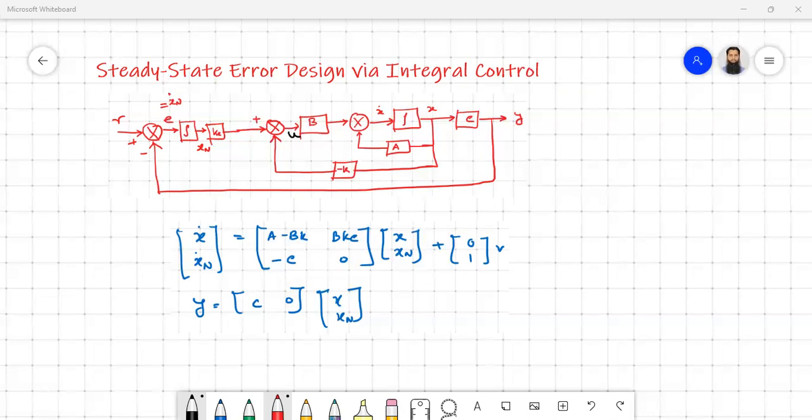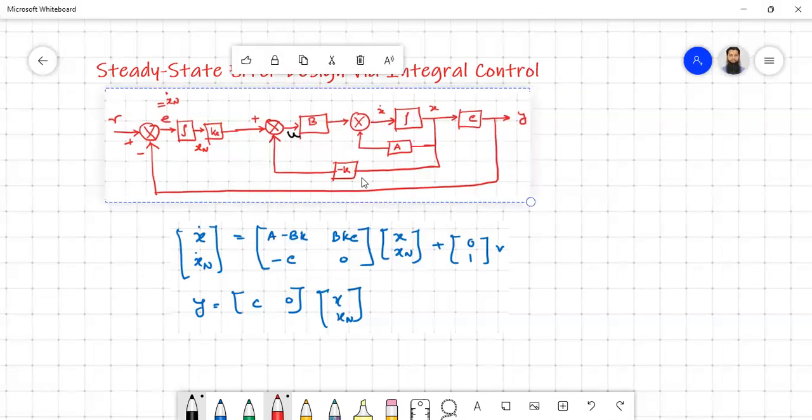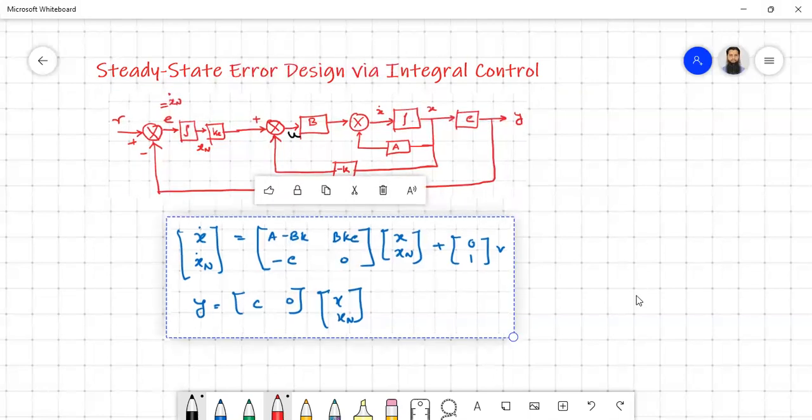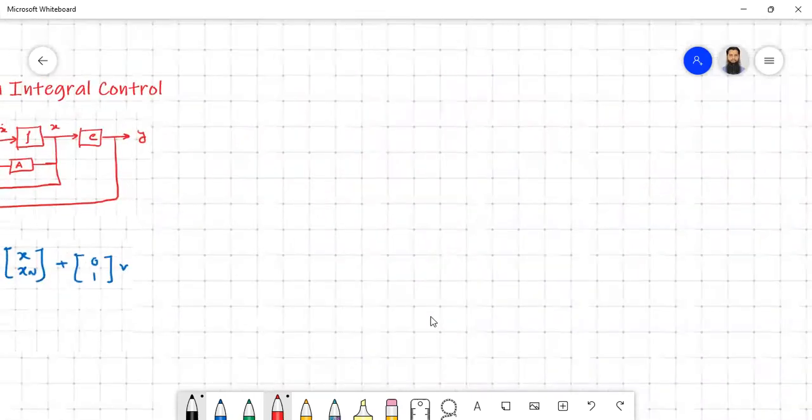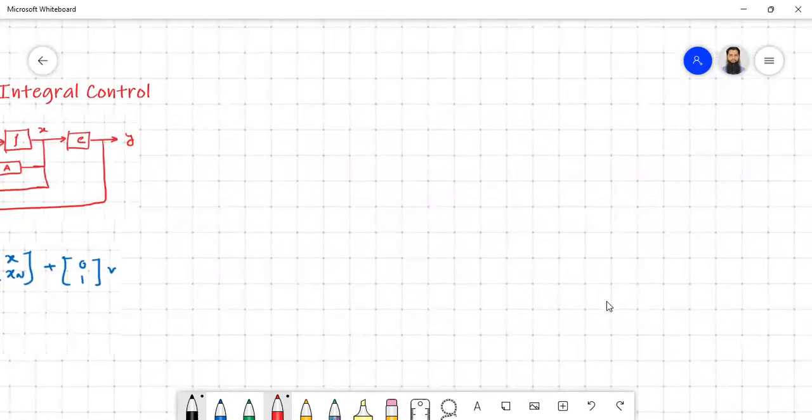So now today we are going to see how we are going to do the actual designing. For that, this is the existing block diagram as well as the required equation that we have. Now, what we are going to do in this session is we're going to solve one example.